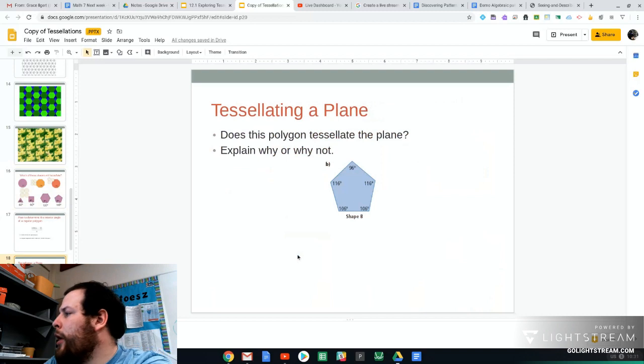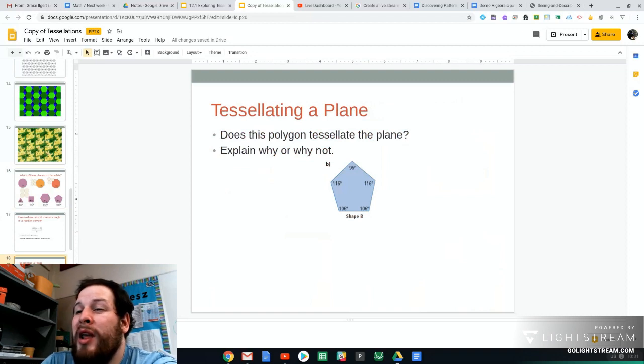What about this shape? This is an irregular shape. Will this be able to tessellate the plane or not? Explain why. Yeah, you're right. We cannot tessellate the plane with this.